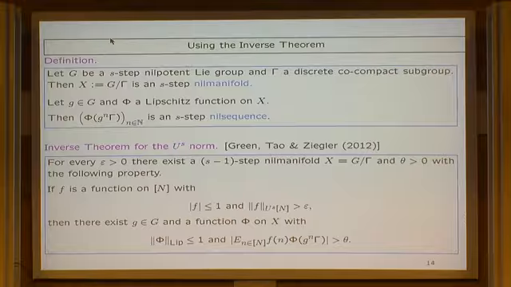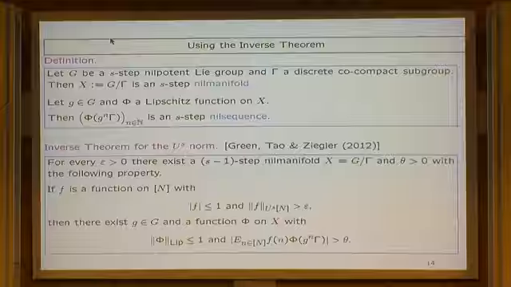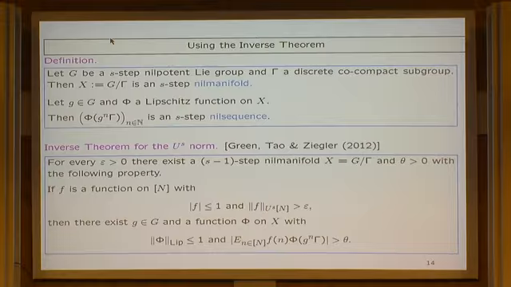So we choose some element of the group and some regular function on X, on the homogeneous space, and we evaluate the function phi along the orbit. The regularity of the function is not important, but at least Lipschitz. But if you want to say infinity, you can change absolutely nothing.